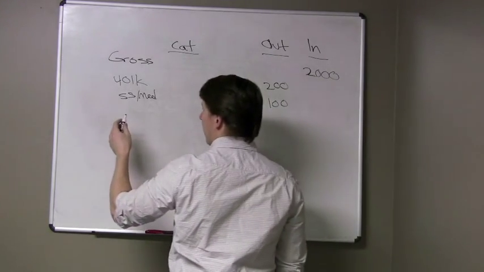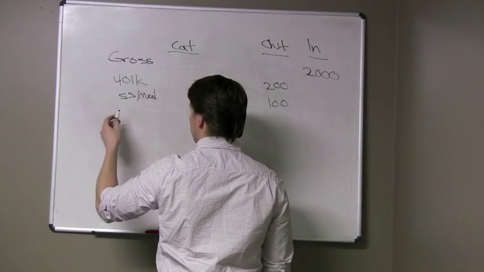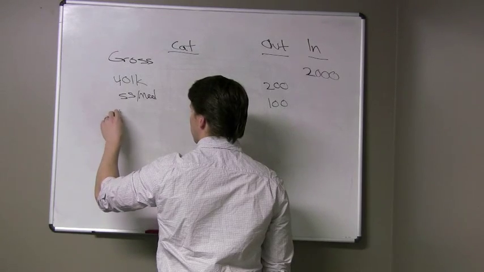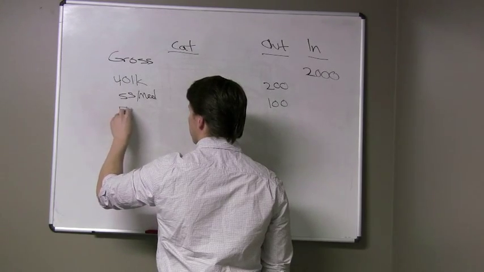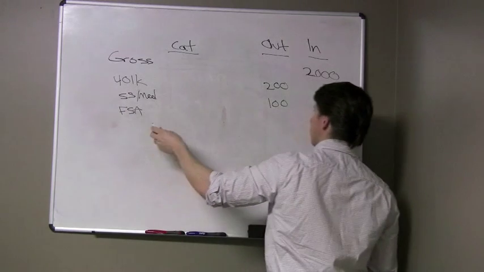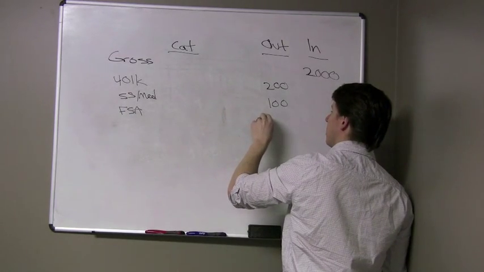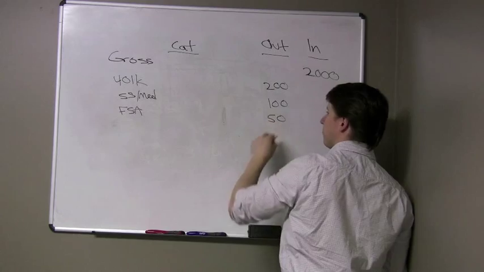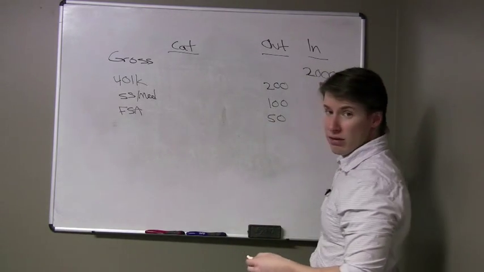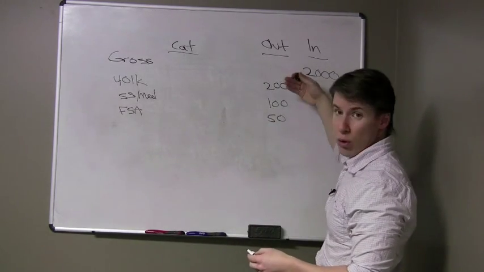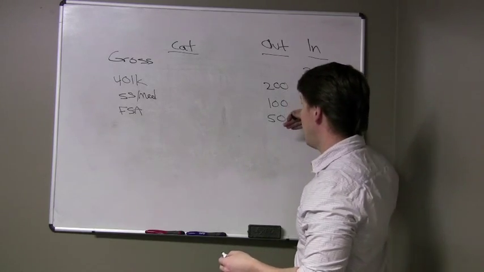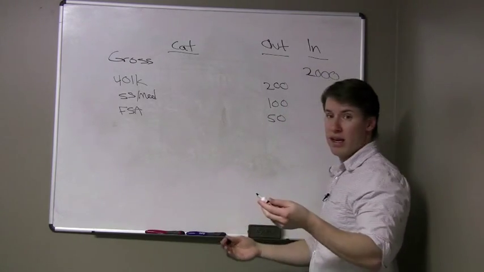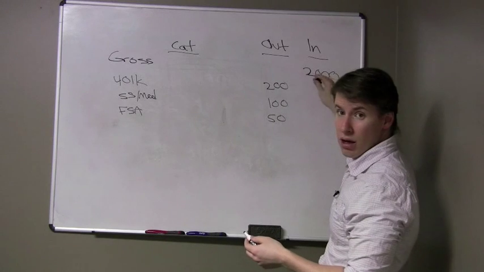And let's say you also have a deduction for maybe a flexible spending account, and let's say that's $50. So you have this $2,000 gross, and then you have normal paycheck deductions going out, and then you have your net, which would be the remainder of this paycheck.